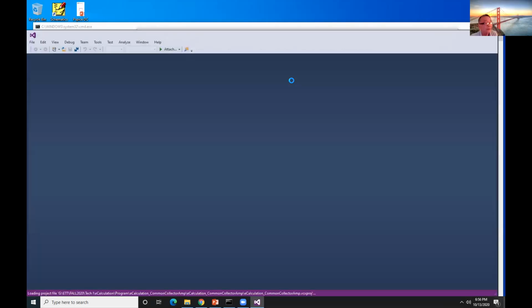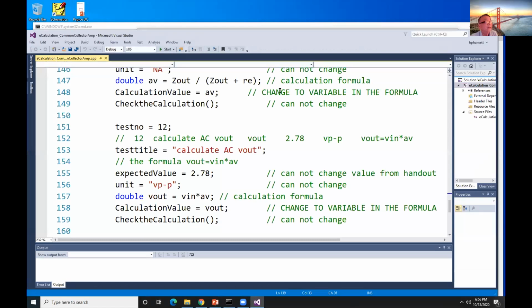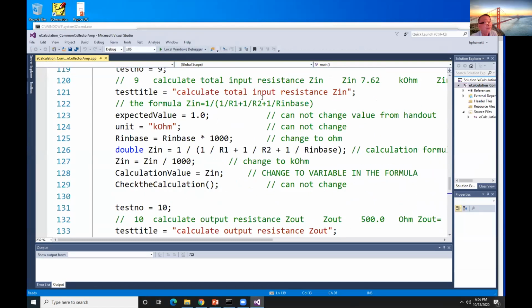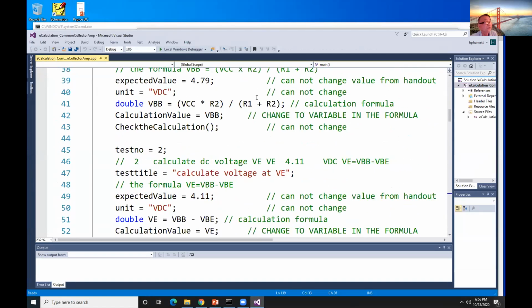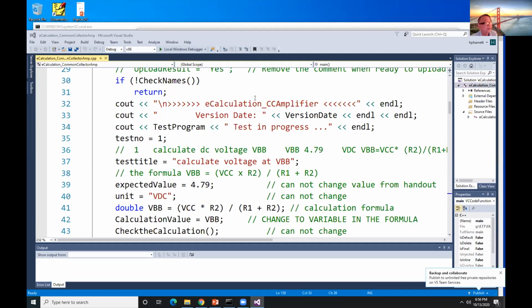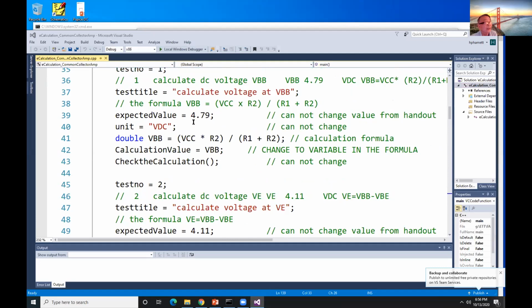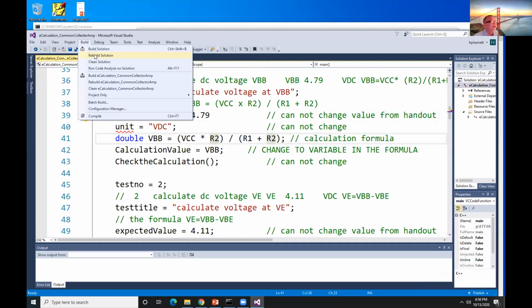Now I can open the one we already done. Okay. I can give you the error here. This test number 1. Okay. So if you get no semicolon, then when you compile it, rebuild.